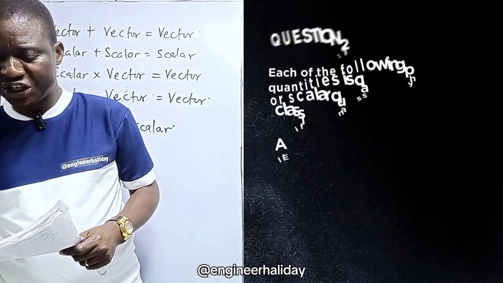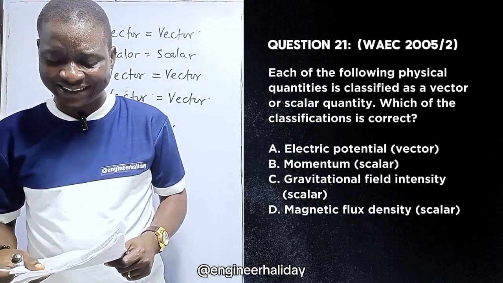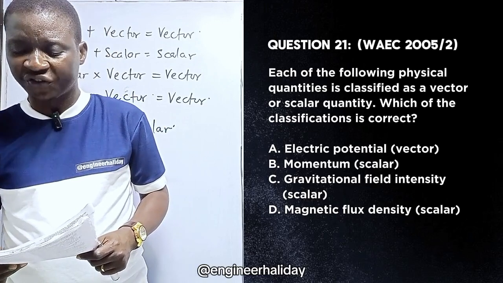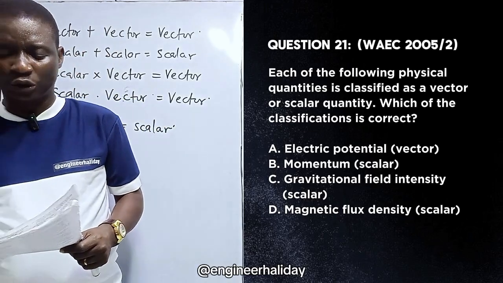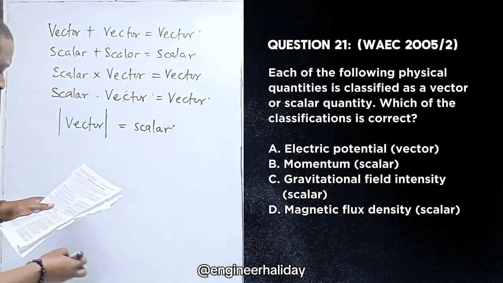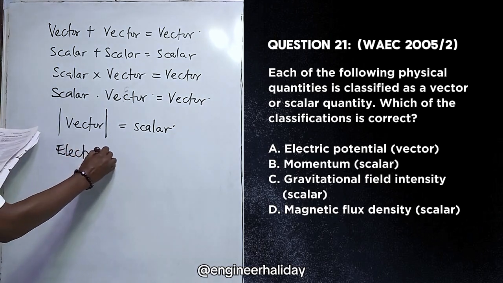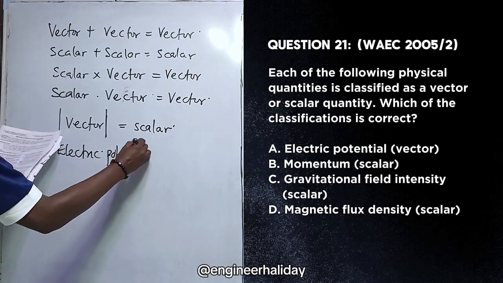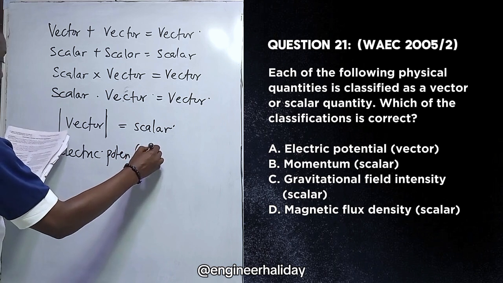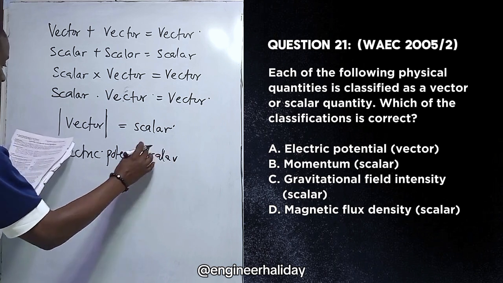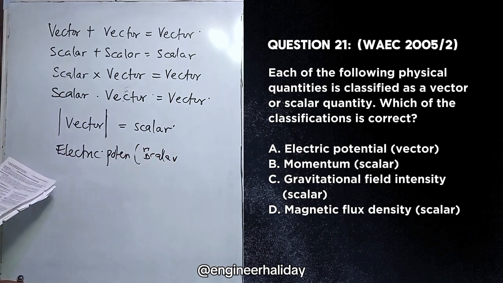21. Each of these following physical quantities is classified as vector or scalar. Which of the classification is correct? Electric potential should be scalar. I want to classify my own first.